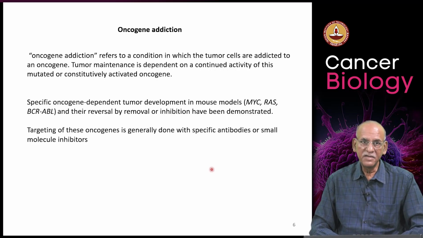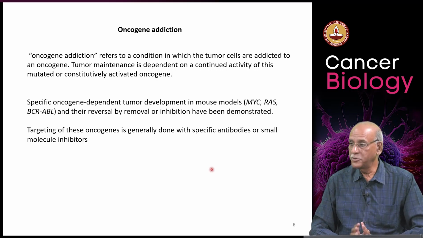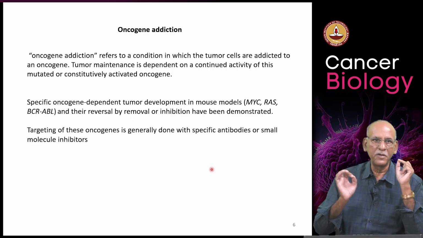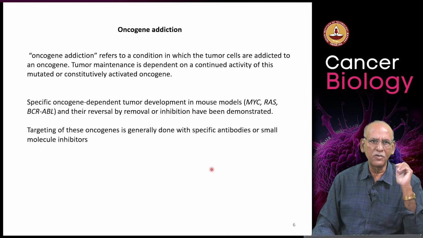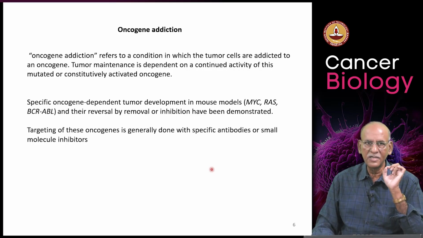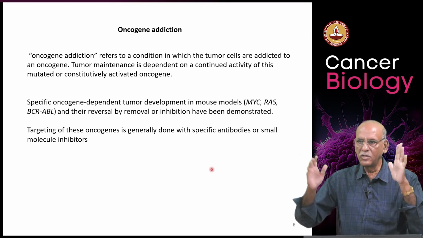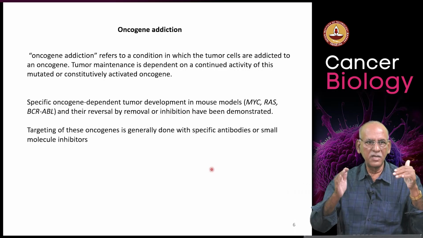It is a very interesting concept, because it refers to a condition where the tumor cells are addicted to one particular gene, usually an oncogene. So, the tumor maintenance is dependent upon the continued activity of this particular mutated or constitutively active oncogene. So, the whole thing depends on one gene.